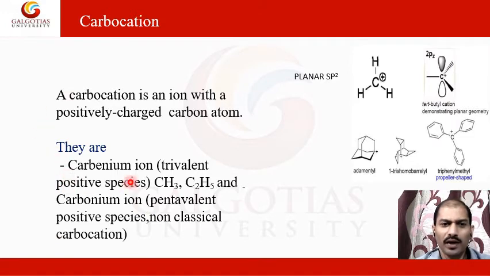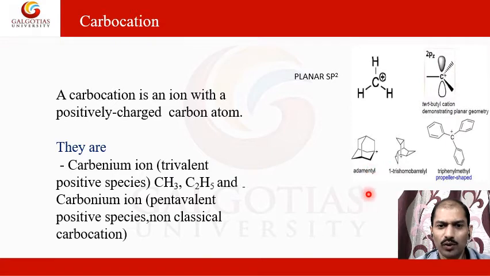These carbonium ions are trivalent positive species like methyl positive and ethyl positive, and also pentavalent positive species. The general structure looks like this. If you see triphenyl methyl, three different phenyl groups are there, and the hybridization is sp2.